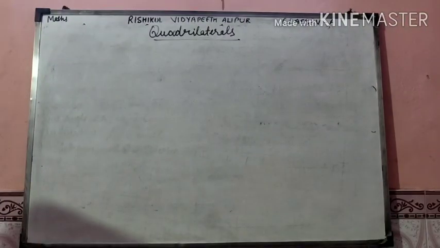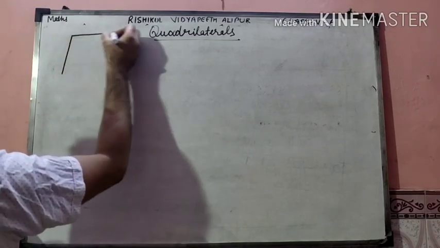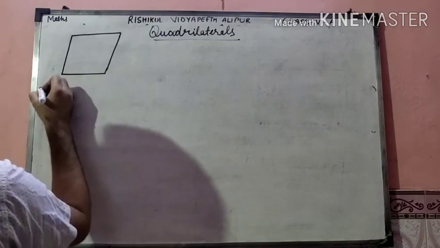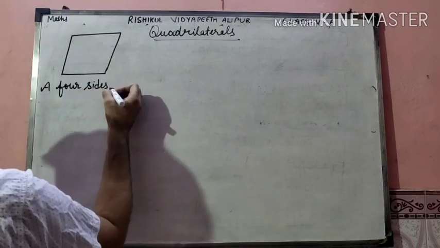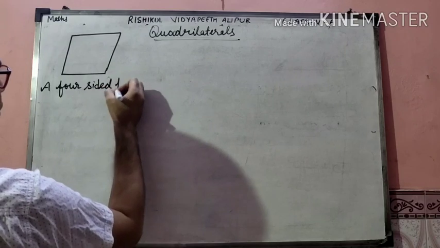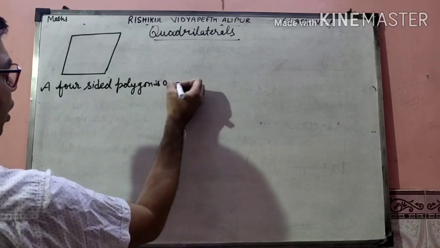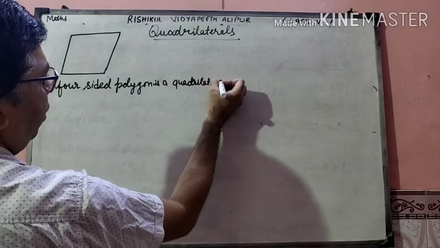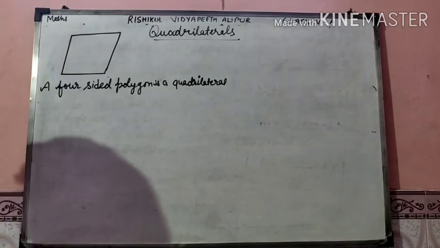When four line segments are joined, it becomes a quadrilateral. A four-sided polygon is called a quadrilateral.